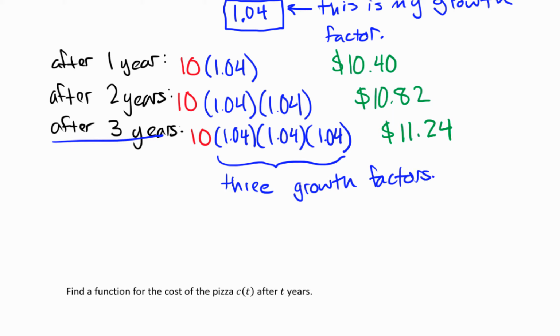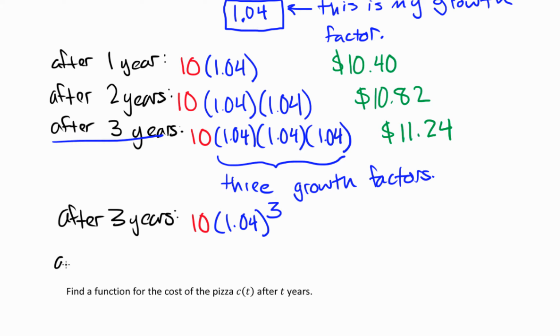So this is repeated multiplication. After 3 years, if I multiply 10 by 1.04 3 times, that's the same as multiplying by 1.04 to the power of 3, because this is 3 factors of 1.04, so 3 of my growth factors. And this means now after 5 years, or 7 years, anything, let's do 10 years.